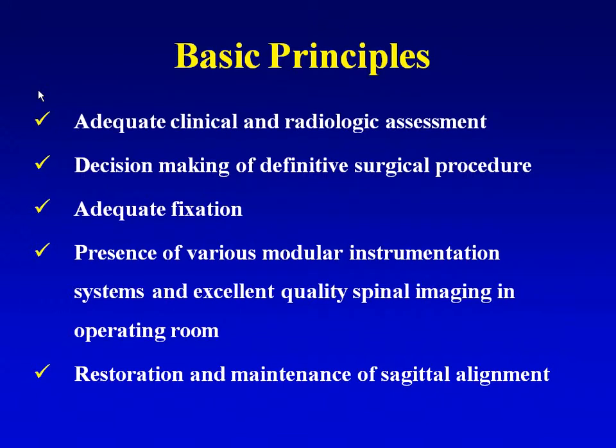Adequate clinical and radiologic assessment, decision-making of the definitive surgical procedure, adequate fixation, presence of various modular instrumentation systems, and excellent quality spinal imaging in the operating room, restoration and maintenance of sagittal alignment are important in revision surgery.